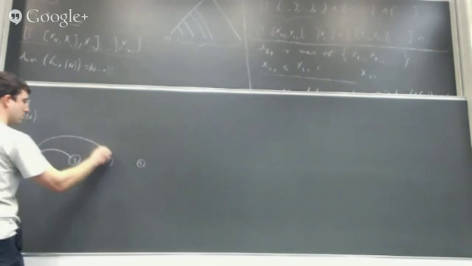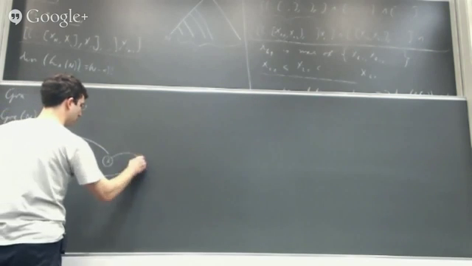And I have edges which connect two vertices, for example, like this. So this is an element in Gra 4, exactly. And Gra 4 is generated by elements of this kind.